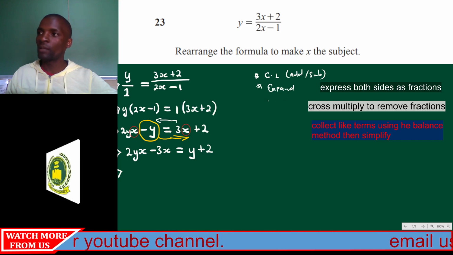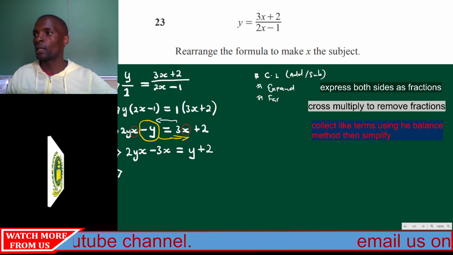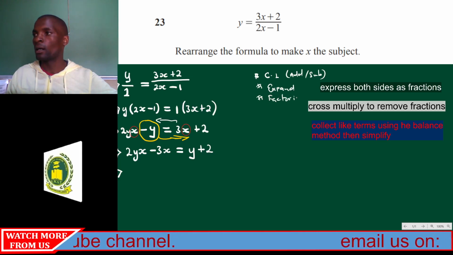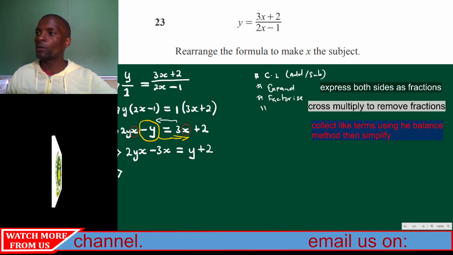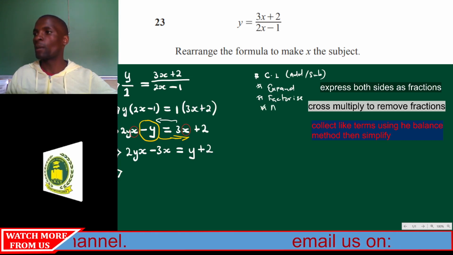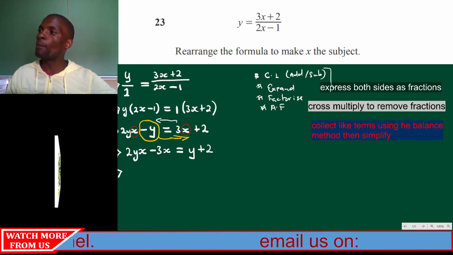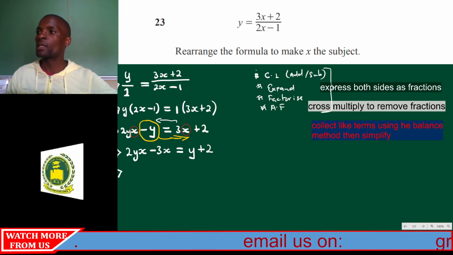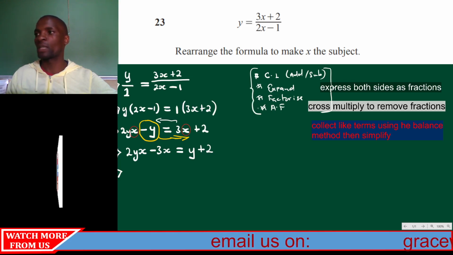If you are not expanding brackets, then it means you are factorizing. If it's not a matter of factorizing, then it's a matter of applying algebraic fractions. Okay, guys, these are what you call the main methods of simplifying expressions in mathematics.